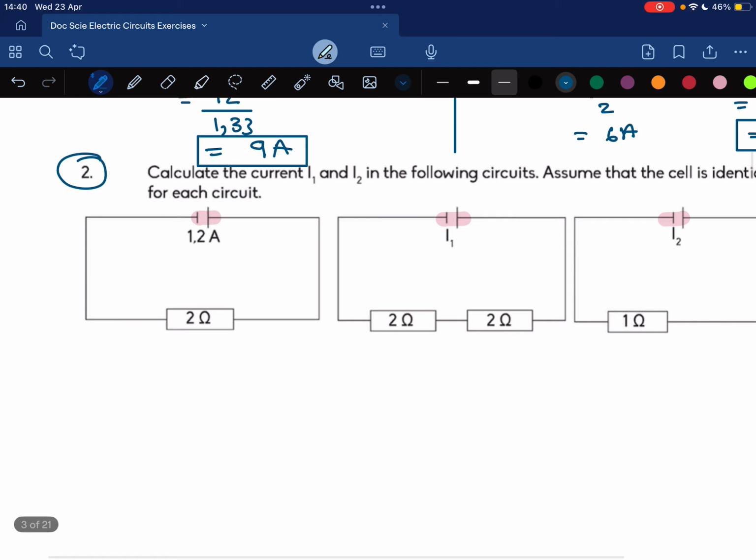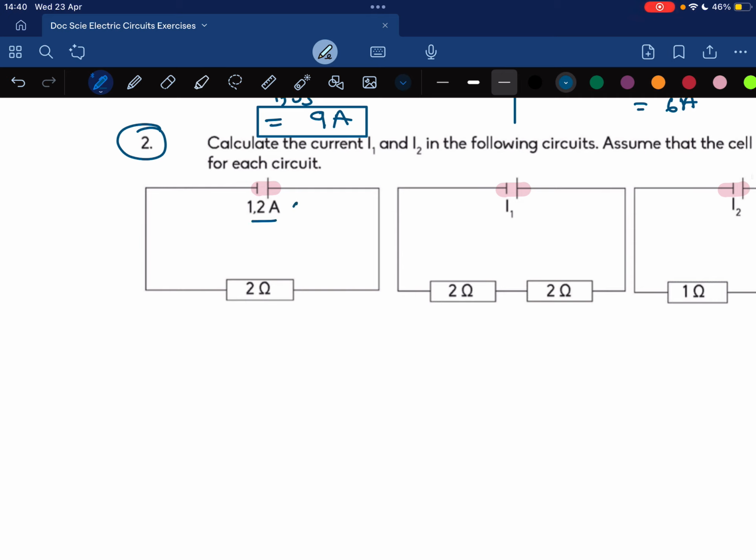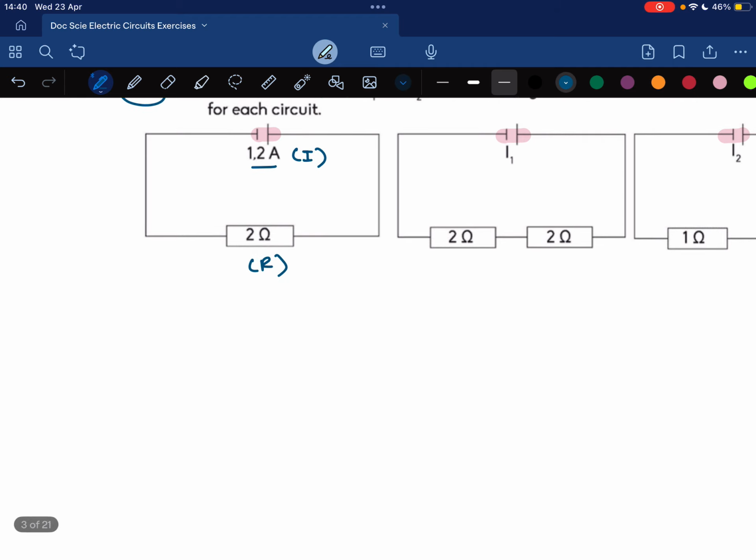Now notice for the first circuit, I have the current and I have the total resistance, which is just the 2 ohms. So I can figure out V total. We'll call this circuit 1, circuit 2, and circuit 3. For circuit 1, all I have to do is calculate the voltage.